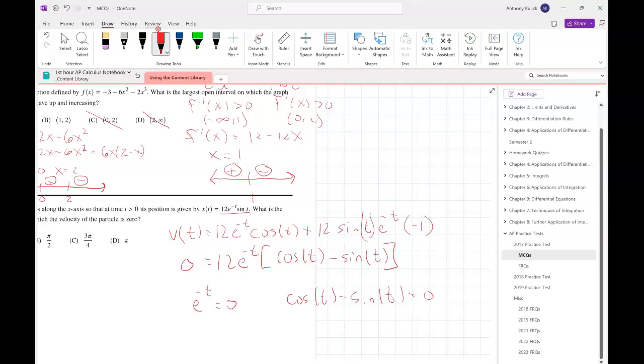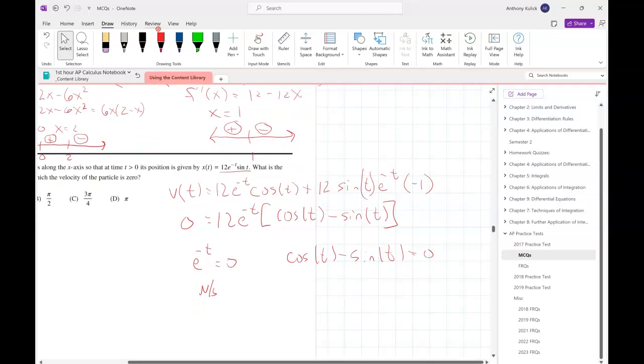Now, e to the negative t is exponential, right? With no vertical shift to it. I know that has no solution. Because if I take a number that's not 0 and I raise it to a power, it's never going to equal 0. If I just think about this logically, if I have 2, what power can I raise 2 by so that it's equal to 0? Well, nothing. So it's got to be this piece over here.